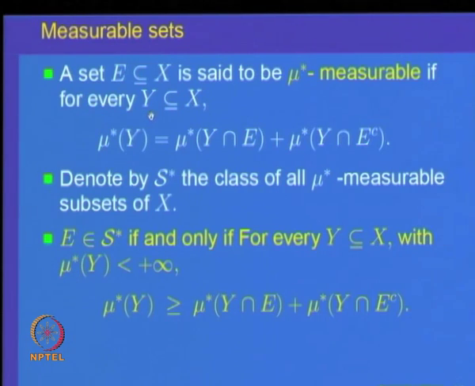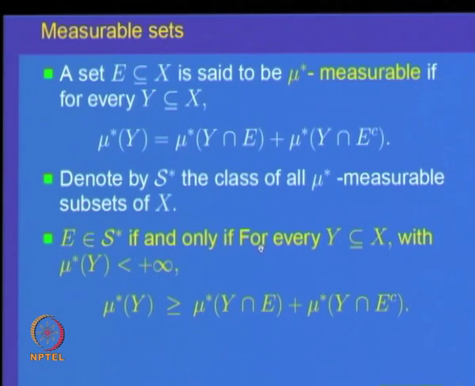So, instead of saying that for every subset Y this equality must be true, we have to only verify for those subsets Y of X for which mu star of Y is finite, and instead of equality we have to verify only the inequality one way, because the other way around is always true for mu star being countably subadditive.